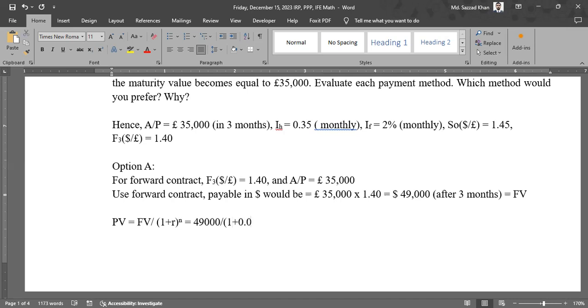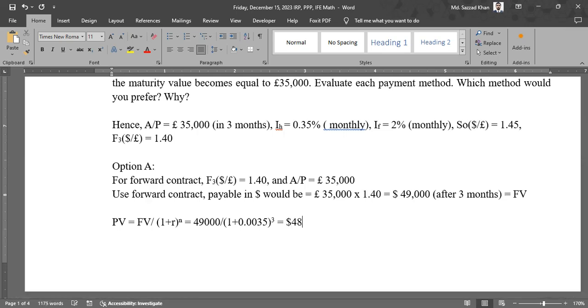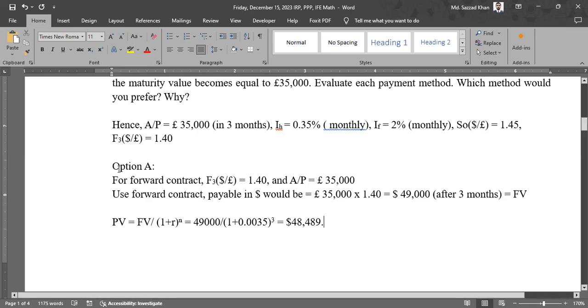It is simply 0.0035. This is in percent, okay? And to the power 3 because 3 months. That will give us $48,489. So if we opt for option A, it will cost us this much money.